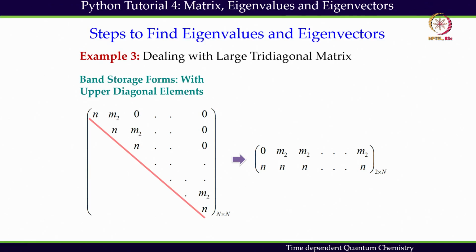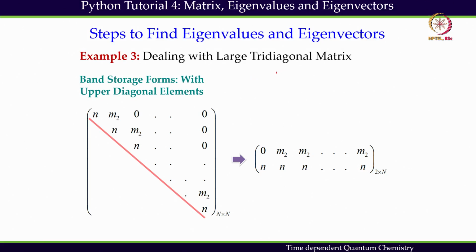Now, in module 4, we realized that the defining condition of a Hermitian matrix is that it is self-adjoint.